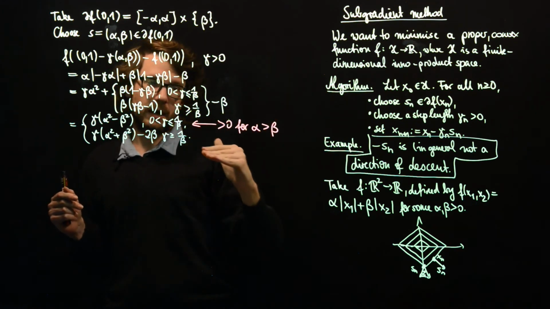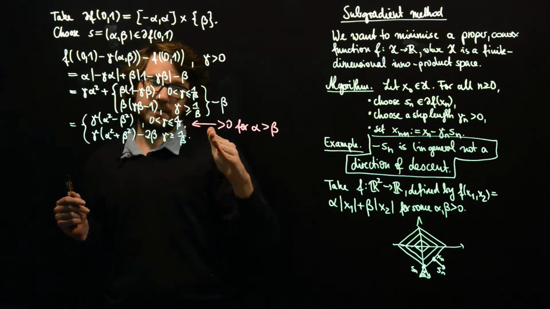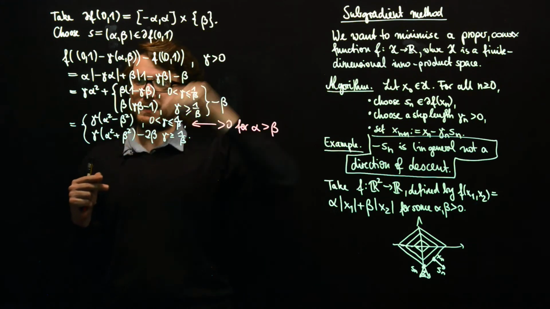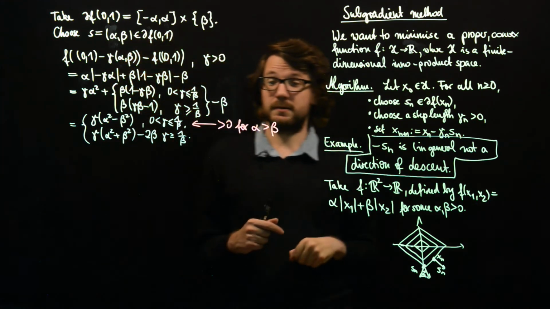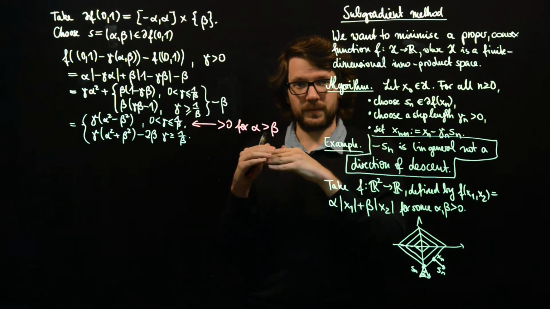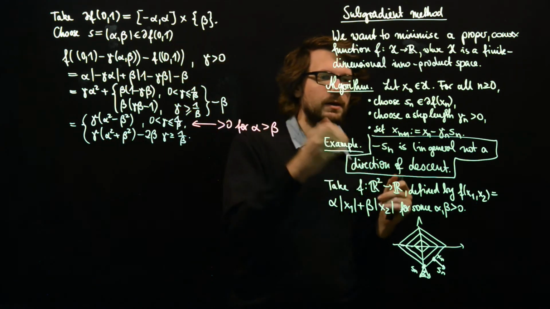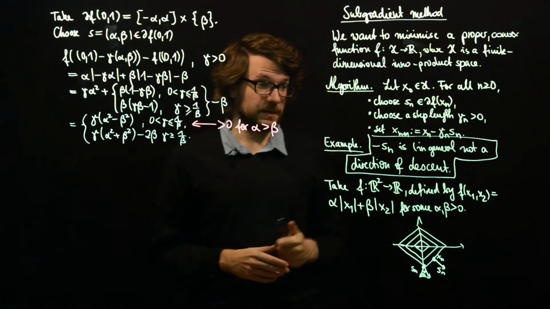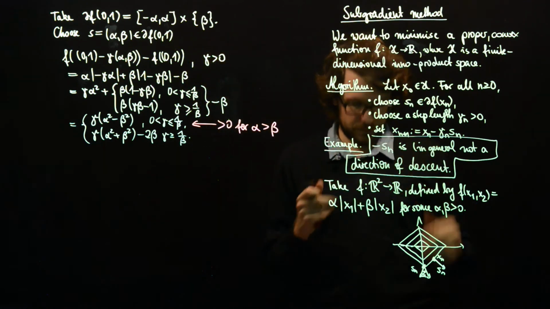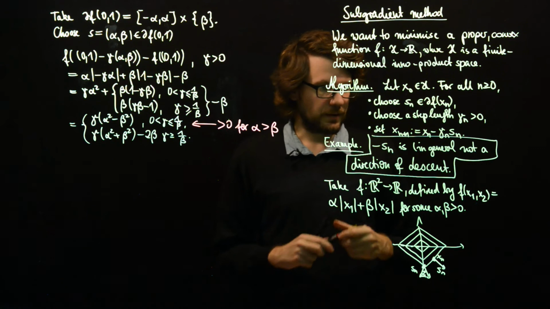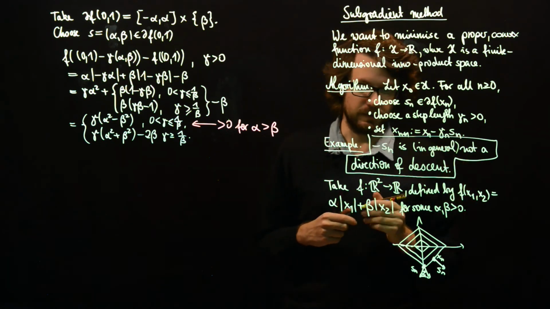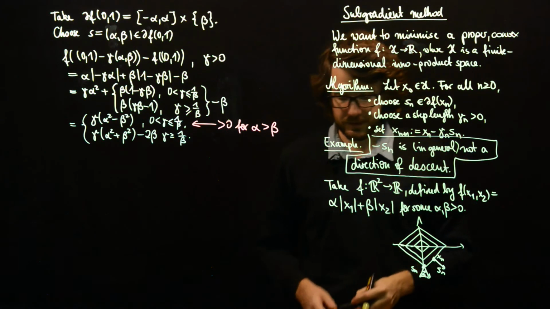So no matter how small you choose the step size, you always get a strict ascent. So your function value at the next iteration will be higher than the function value at the previous iteration. And this is meant by minus Sn is in general not a direction of descent.